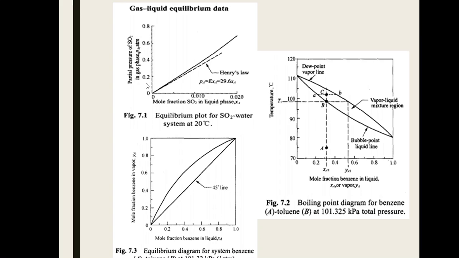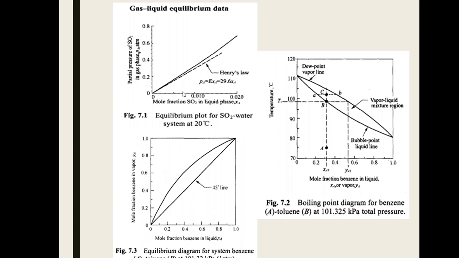We can also have Henry's law simplification of the curve behavior of the relationship between xA and pA. So what Henry's law does is, this curve is linearized and now we have this line to represent Henry's law.